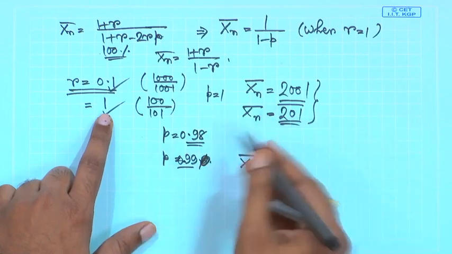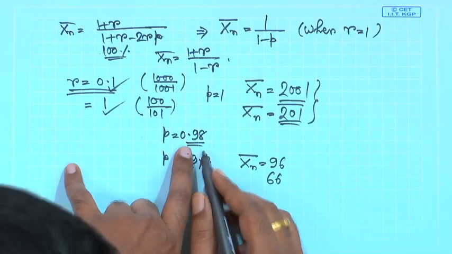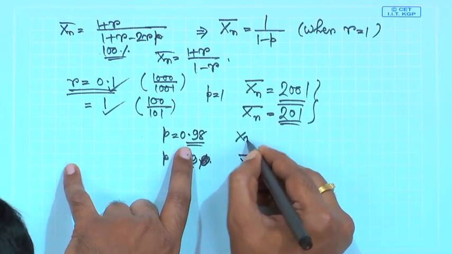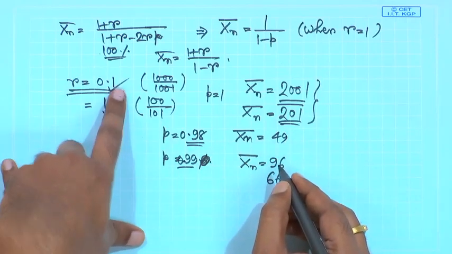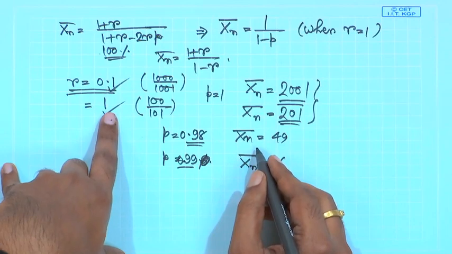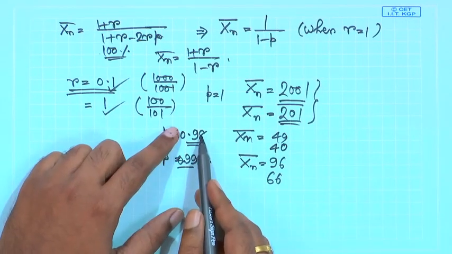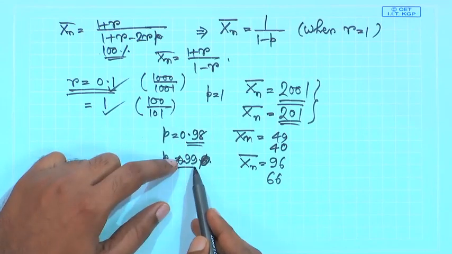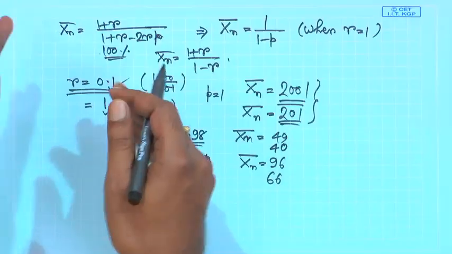When p equals 0.98, your Xn bar will be 49 for the 0.1 percent imbalance, and 40 for the 1 percent imbalance. So, you see as the extent of reaction increases, the difference between the two Xn bar values, corresponding to a small imbalance and a large imbalance, also increases.